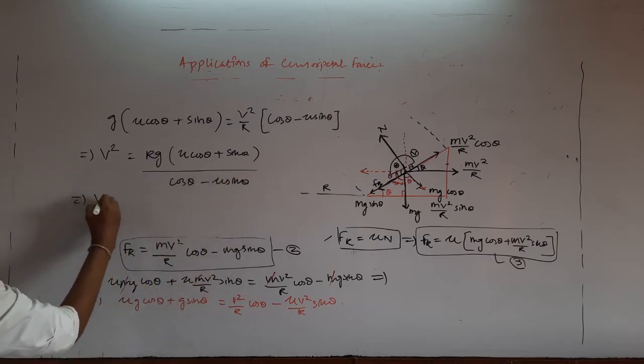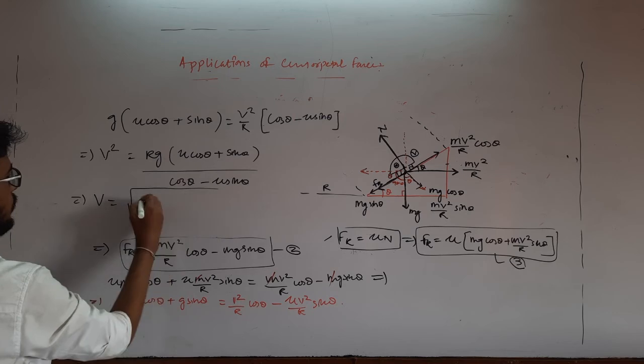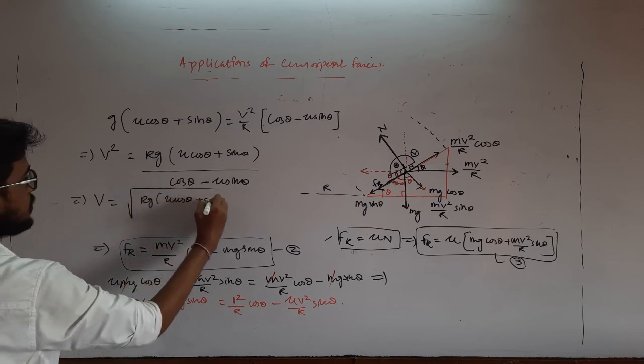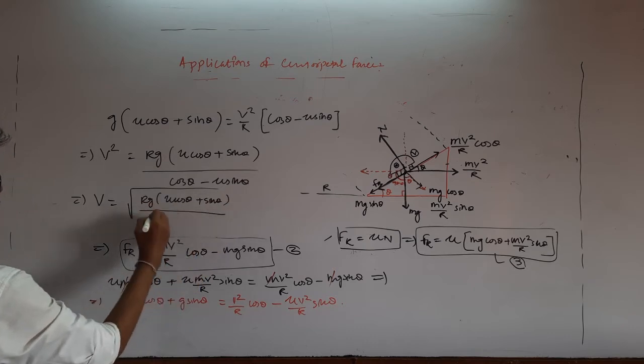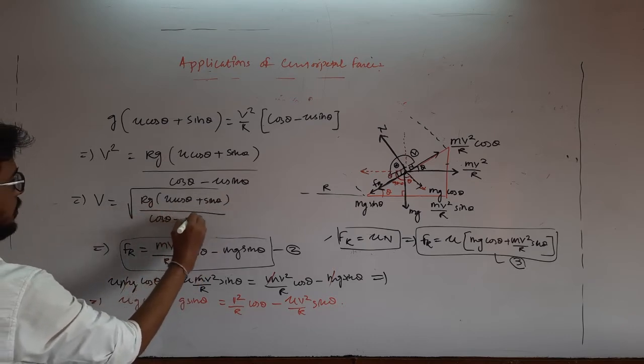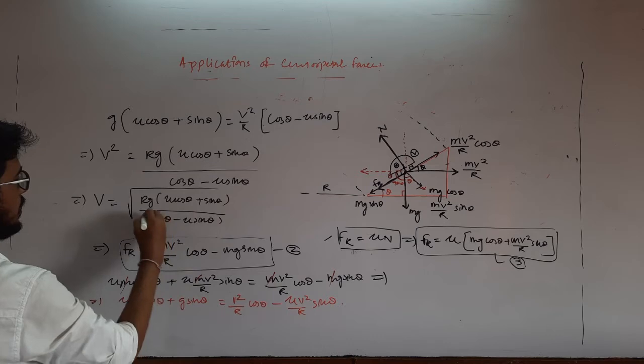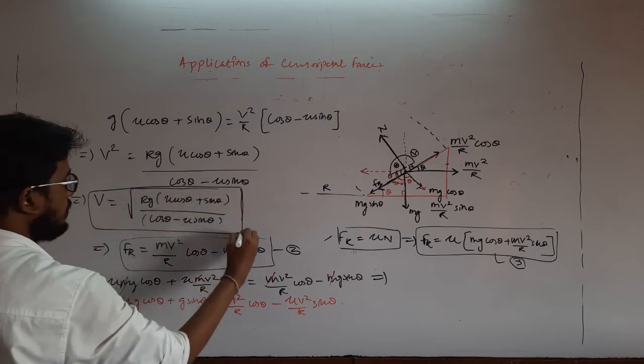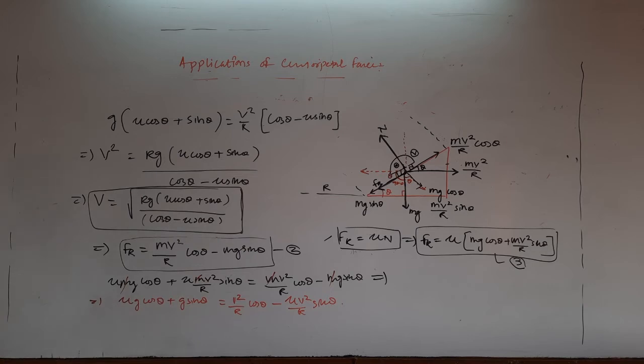So we will get v equal to root over of rg into mu cos theta plus sin theta divided by cos theta minus mu sin theta. Okay, so this is the safe velocity, maximum safe velocity with which the vehicle can move on a banked road having inclination theta with friction where the coefficient of friction is mu.